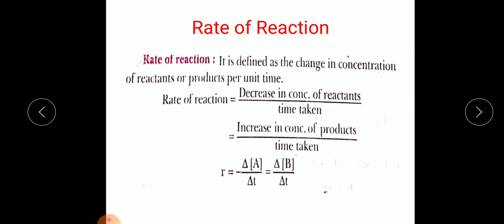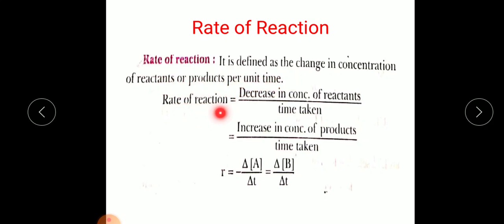So, rate of reaction. Rate of reaction is defined as the change in concentration of reactants or products per unit time. Whatever change in the concentration of reactant and products takes place during the time is known as rate of reaction.